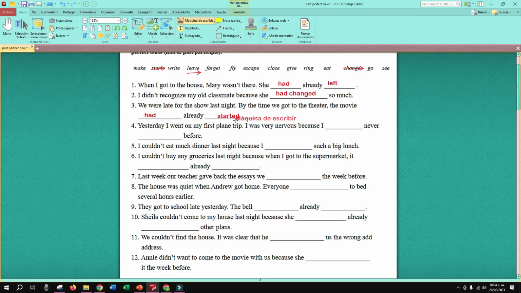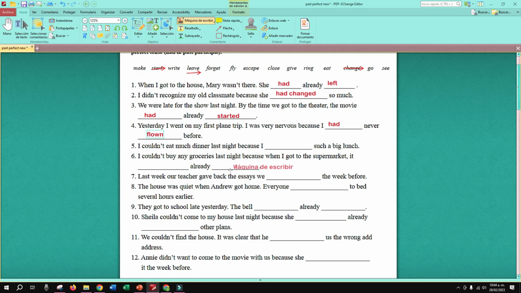Remember that is past participle, right? Yesterday, I went on my first plane trip. I was very nervous because I had never flown before. Good. So that's the past participle of fly.